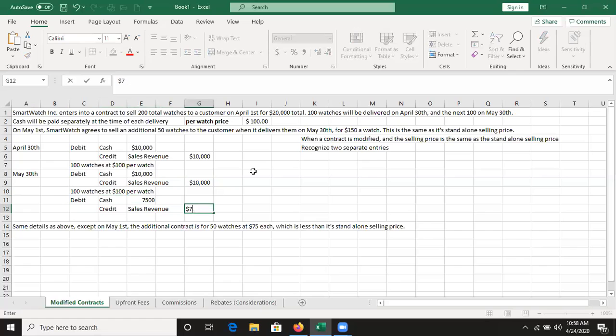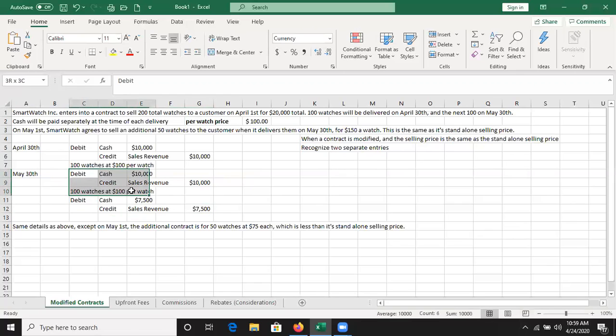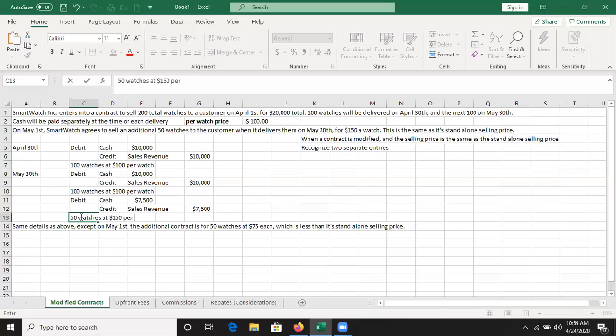So even though these happen on May 30th and it's the same accounts being debited and credited, because the contract is modified and the selling price is the same as the standalone selling price, this is just one of GAAP's silly, kind of unnecessary things, you have to make two separate entries. One for the original contract, 100 watches at $100 each, and then one for the new modified edition, the 50 watches at $150 each, and you would say 50 watches at $150 per watch.